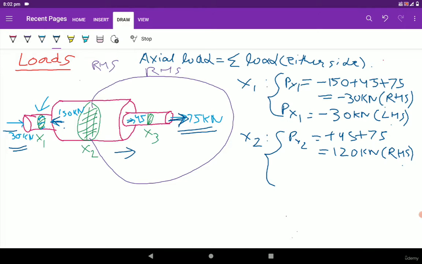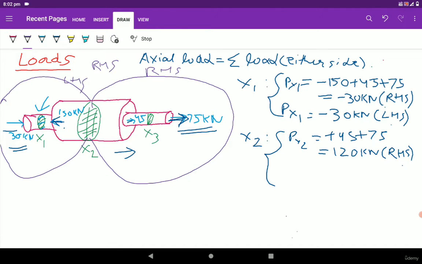Now similarly, in order to verify whether we are correct or not, we can also consider the left hand side cross sectional part, left hand side cross section of x2.